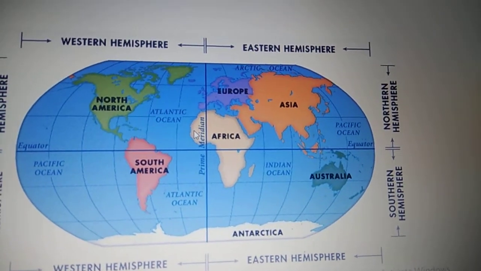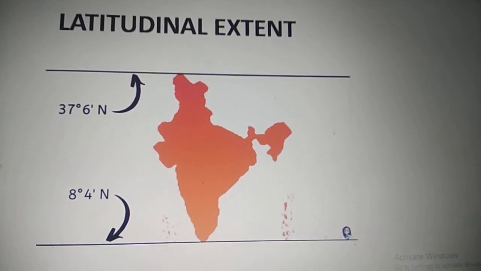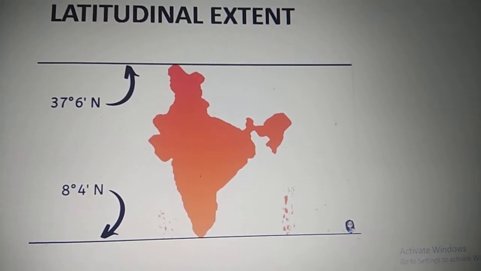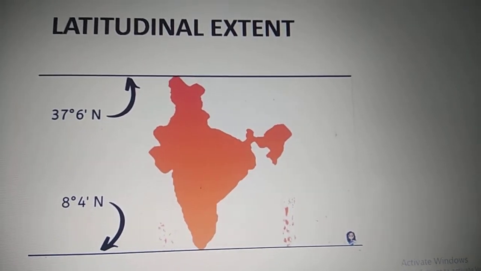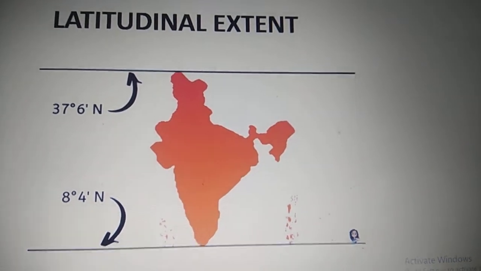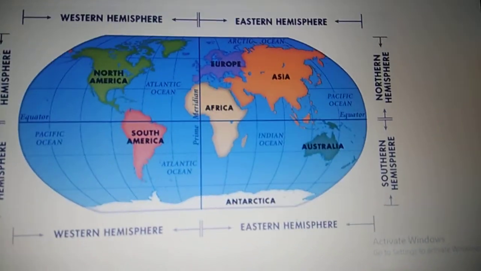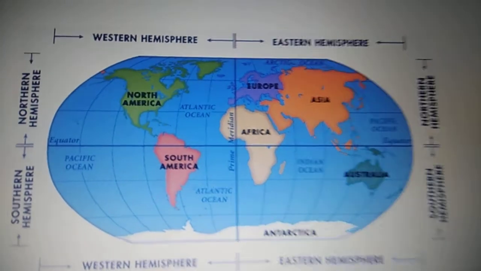Okay children, let us have a look at the latitudinal extent of India. You can see the latitudinal extent of India is 8 degrees 4 minutes north to 37 degrees 6 minutes north. Now what are these minutes? In between, I'll show you how we got that. Look at this picture. You can see here, this is the equator. Can you see the equator?